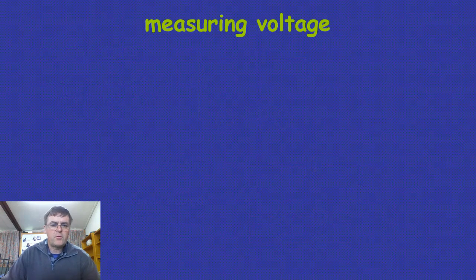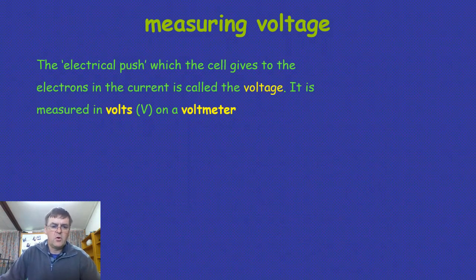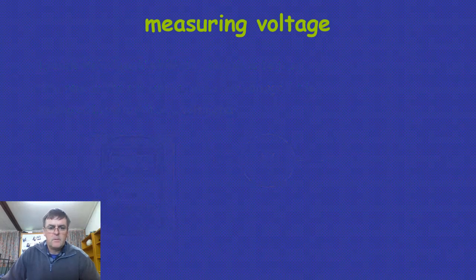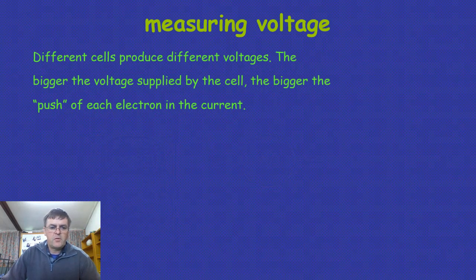What about voltage? What's that? This is the oomph or the push that the cell gives the electrons. It's measured in volts, so it's the energy that they carry around with them. We use a voltmeter to measure that, and that's the symbol for a voltmeter there. Different size cells produce different voltages. You might see 1.5 volt batteries, 5 volt batteries, 9 volt batteries, 12 volt batteries.